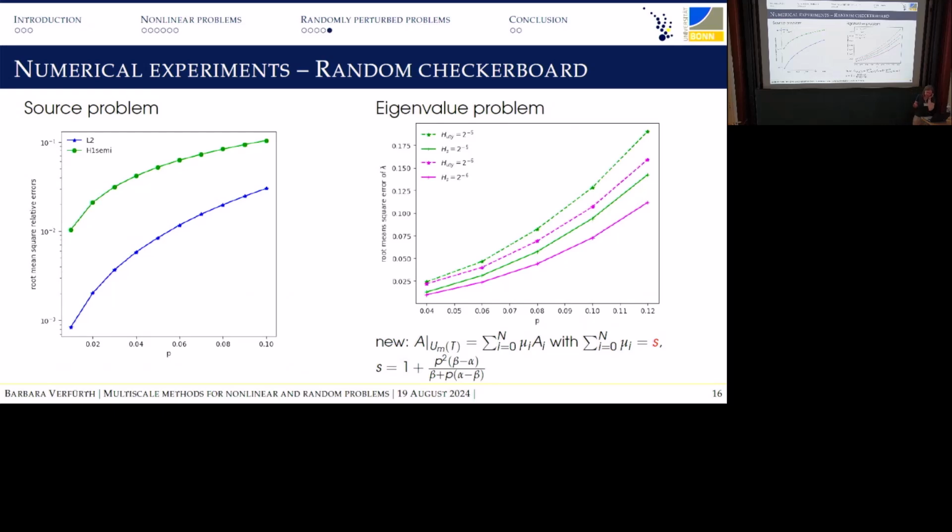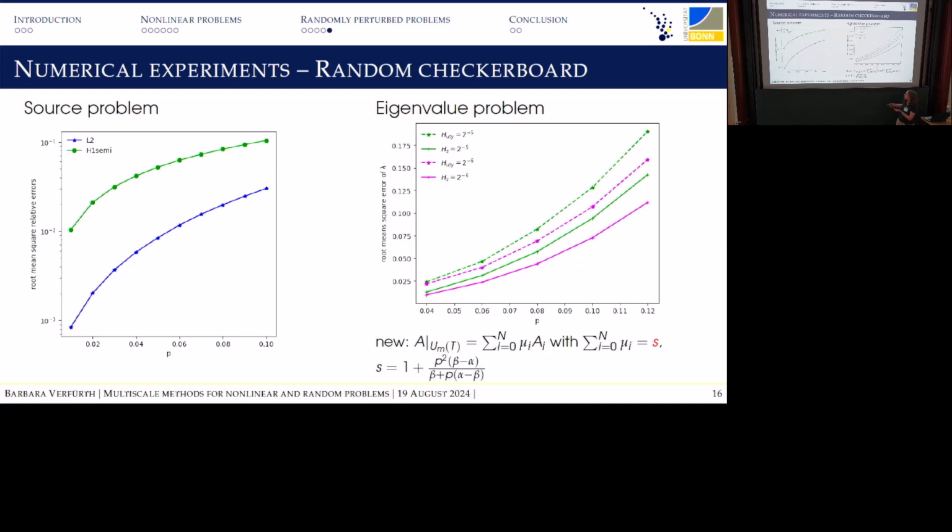And then, for instance, for this random checkerboard, but also for the other case, I want to concentrate on the random checkerboard here. We have numerically evaluated it, and for the source problem in 2D, let me focus on the blue curve, which is the relative L2 error.